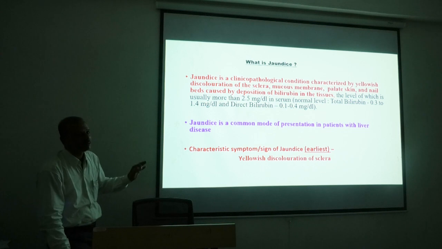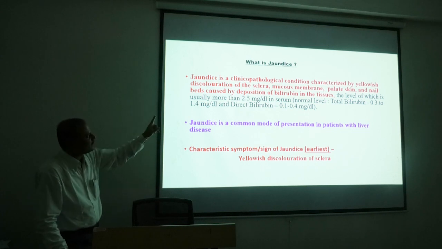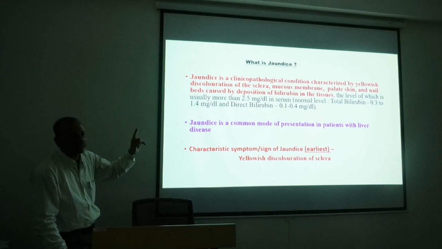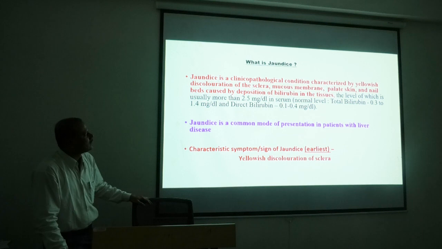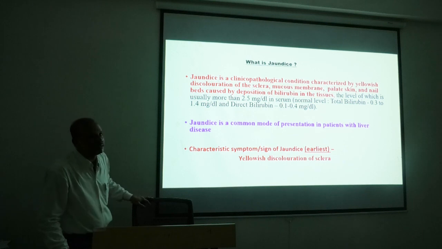So what is jaundice? This definition you will write. Jaundice is a clinical pathological condition characterized by yellowish discoloration of the sclera, mucous membrane, palate, skin, and nail beds, caused by deposition of bilirubin in the tissues.